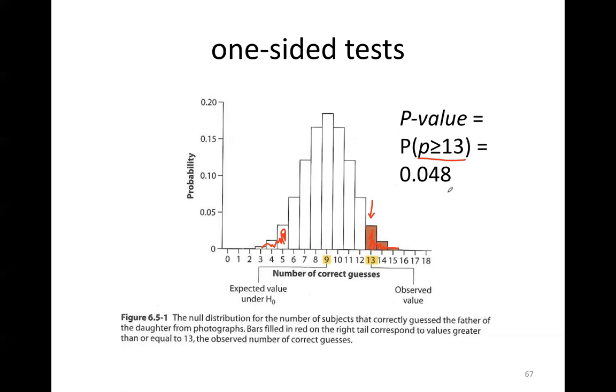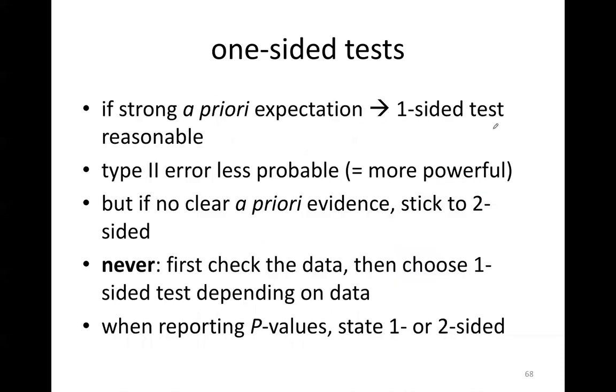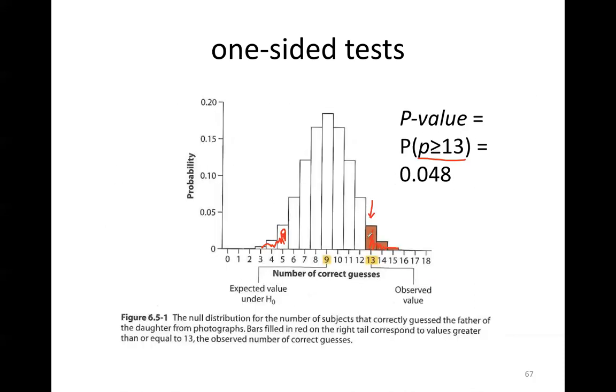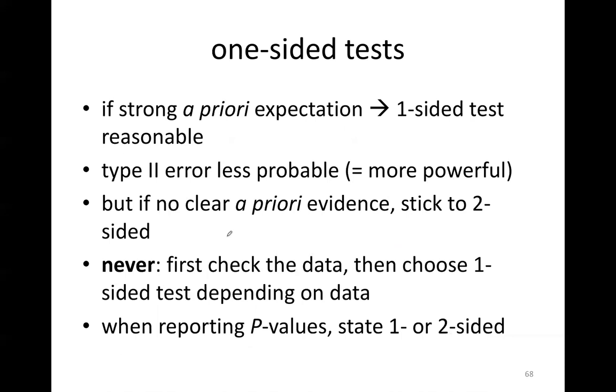So in general, if the null distribution is symmetric, one-sided p-values are half the p-values of two-sided tests. And so it's easier to reject the null hypothesis using one-sided p-values. In that sense, one-sided tests can be more powerful. Type 2 error is less likely.